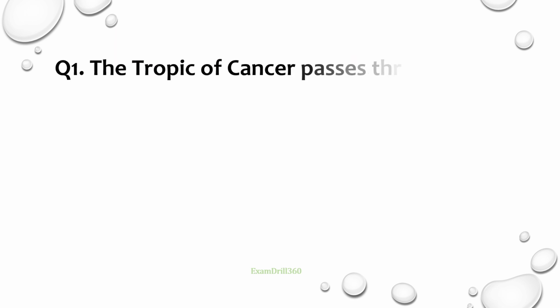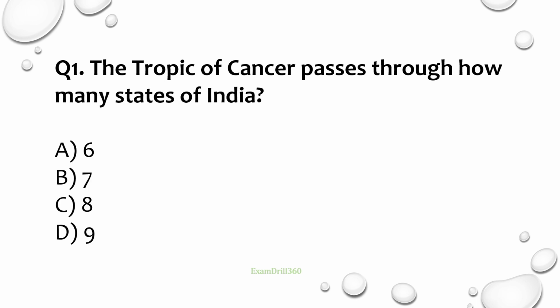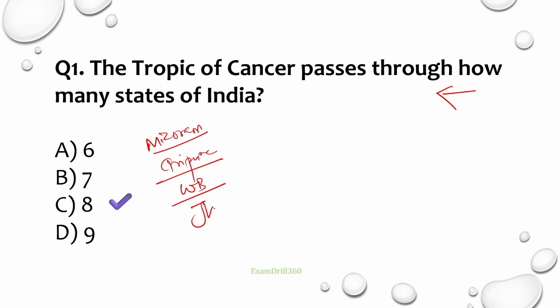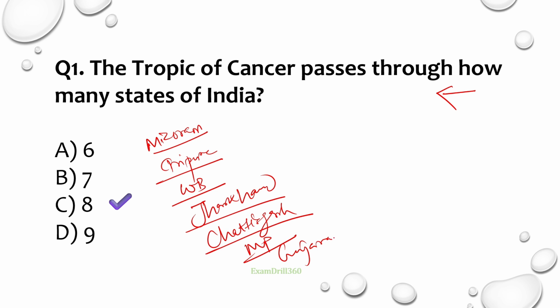Question number 1. The Tropic of Cancer passes through how many states of India? The correct answer is 8 Indian states. And if we see from east to west, the order is Mizoram, then Tripura, then West Bengal, then Jharkhand, Chhattisgarh, Madhya Pradesh, Gujarat, and Rajasthan.